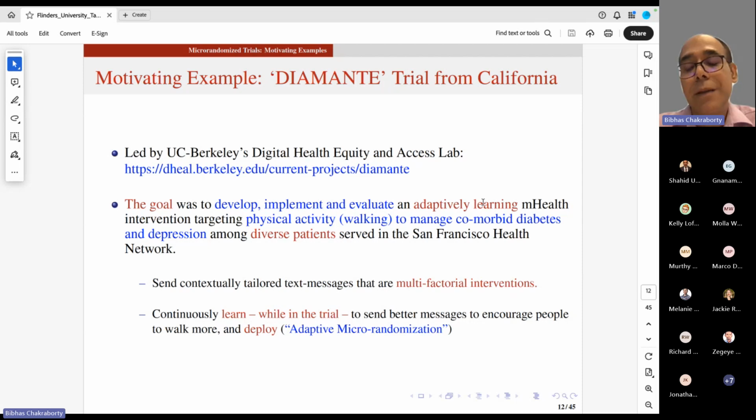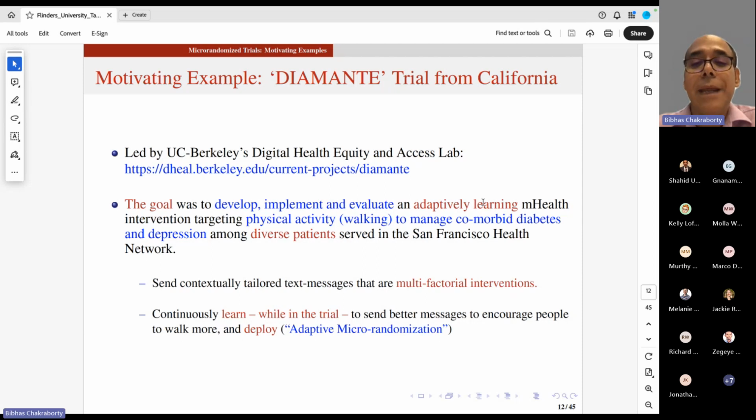So earlier I talked about pure micro-randomization. You just evenly randomize as you go. But this is adaptive micro-randomization. I'm assuming that at least some of you, if not all, are familiar with basics of adaptive trials, adaptive drug trials, for example. So you start with even randomization, but as some evidence accrues in favor of one drug versus the other, then the one that is performing better gets allocated more, right?